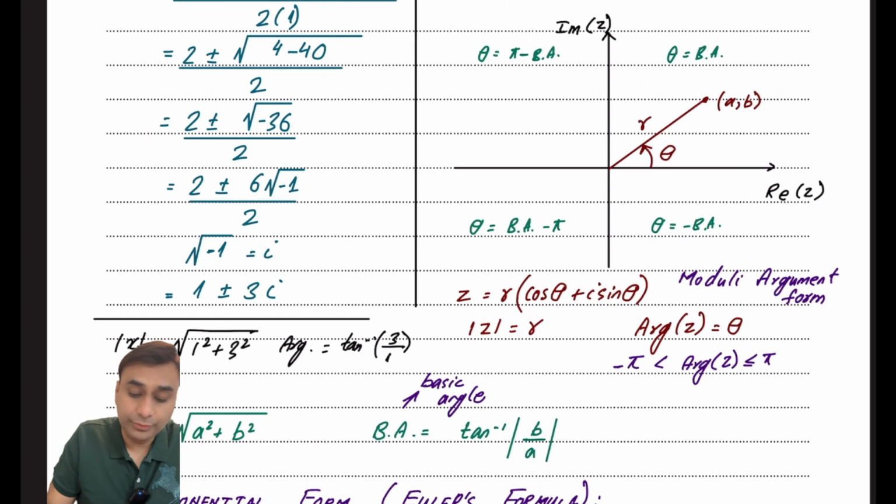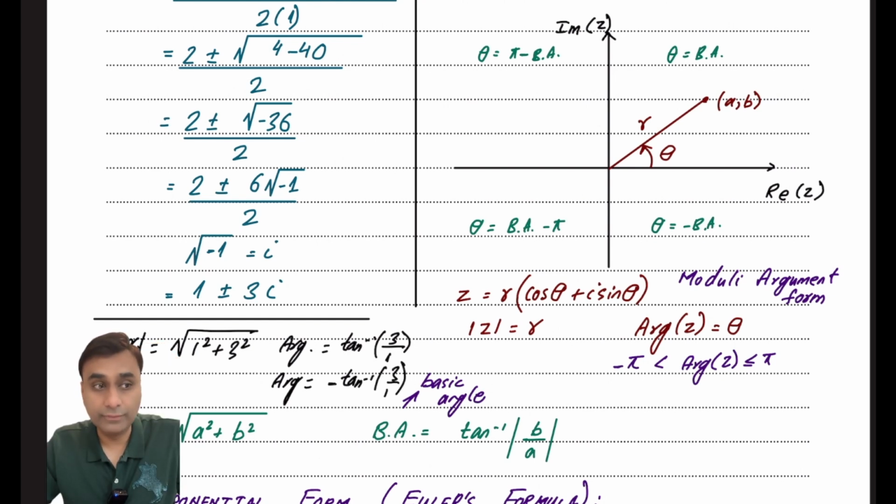And in case if I take 1 minus 3 iota, then the argument is going to be minus, applying this particular formula for the fourth quadrant, minus tan inverse 3 upon 1. So that's how I can find the modulus and the argument of any complex number.